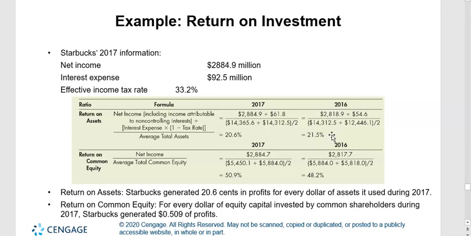So they did a little bit better in 2016, tiny bit better. But return on equity wise, they did a little bit better in 2017 than 2016. And this tells you what it basically means. This 20.6% means that for every dollar invested in assets, they generated 21 cents of profit.